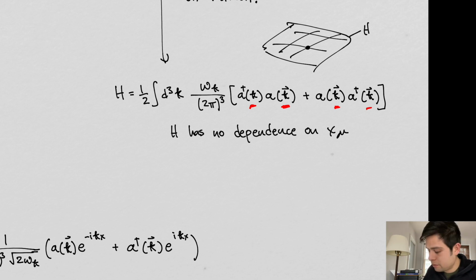Because you can't really go to a single point here and claim that the value for H at that point is any different than the value for H at this point. But this is a value for H, and it depends on the values for k. It doesn't depend on the value at space-time points.